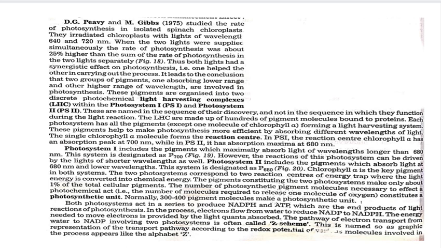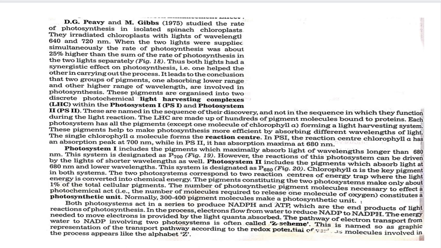In our previous class, we studied that the light harvesting system is made up of hundreds of pigment molecules bound to proteins. Each photosystem has all the pigments except one molecule of chlorophyll a, forming a light harvesting system. These pigments help to make photosynthesis more efficient by absorbing different wavelengths of light. A single chlorophyll a molecule forms the reaction center.